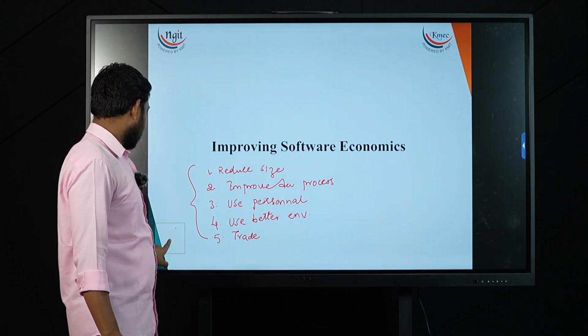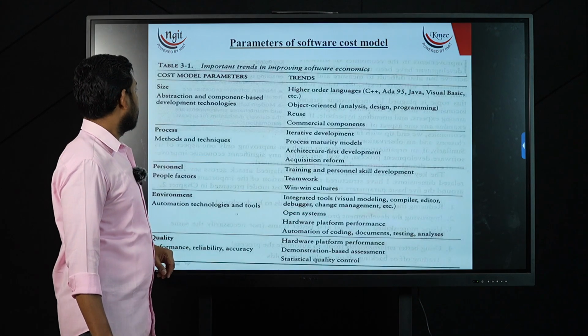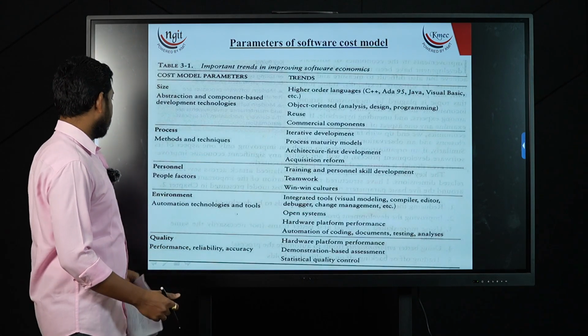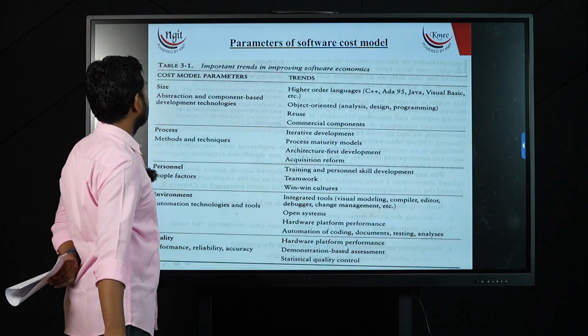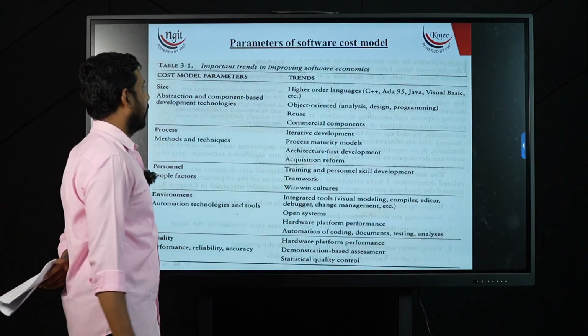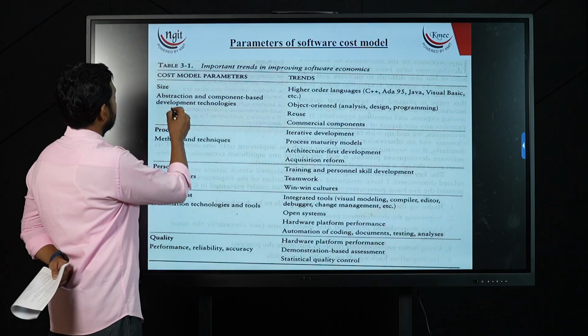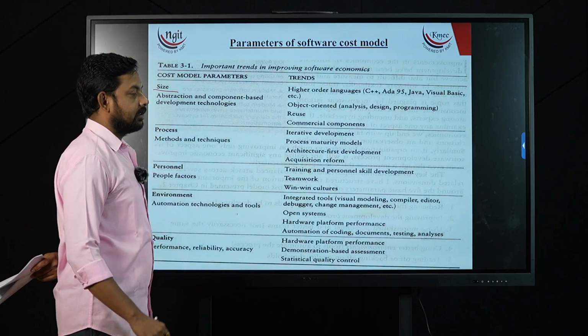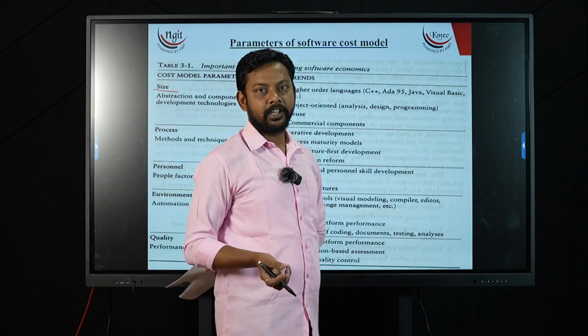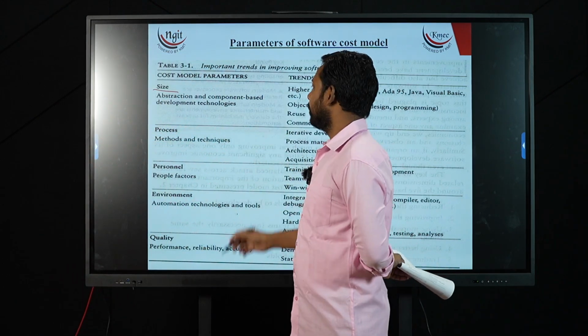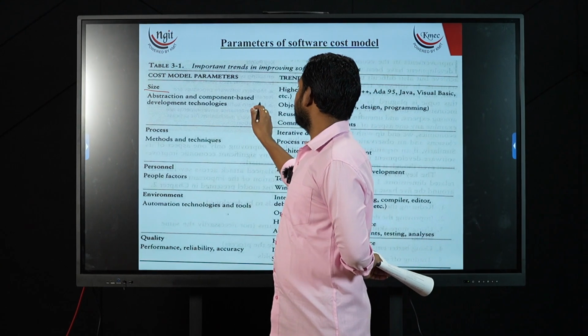So we'll try to understand these particular 5 points in this particular slide here. So first, as I already said, if you want to improve your software economics, first you are supposed to understand the size here. So size is which components you are using here, how many components are required in your process. So that depends on your size.